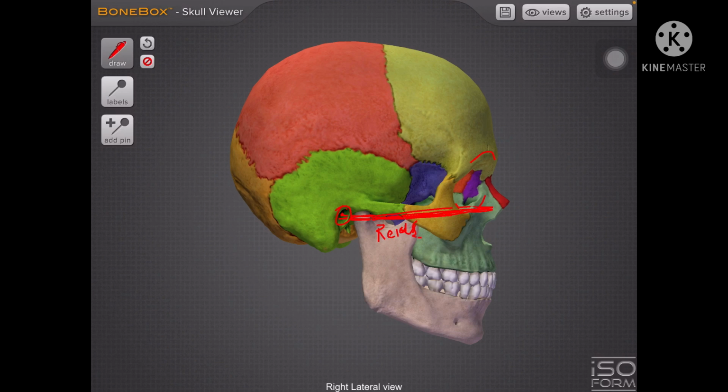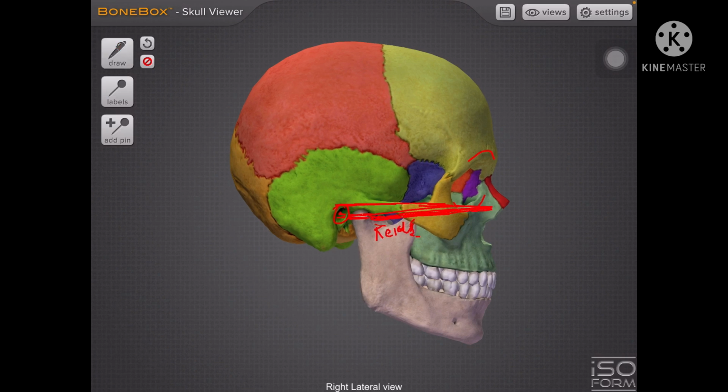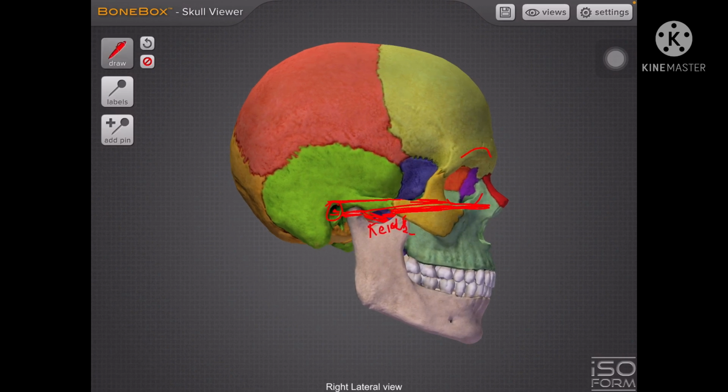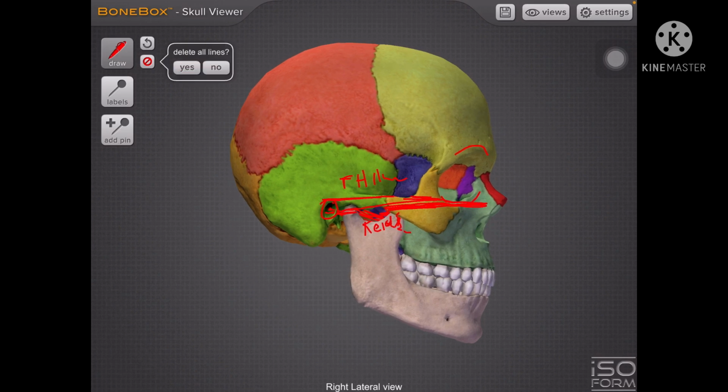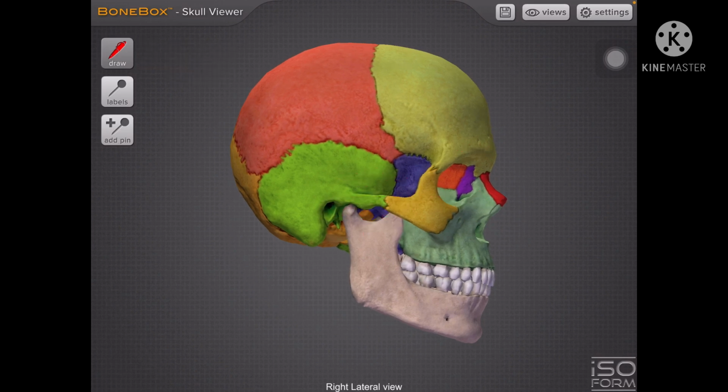Whereas the line passing from the infraorbital margin to the top or superior border of the external acoustic meatus is called Frankfurt's horizontal line. You got the difference, right? The line passing from the infraorbital margin to the center of the external acoustic meatus is Reid's baseline.